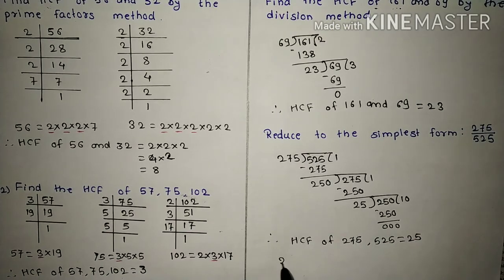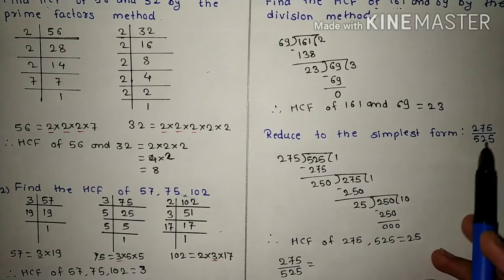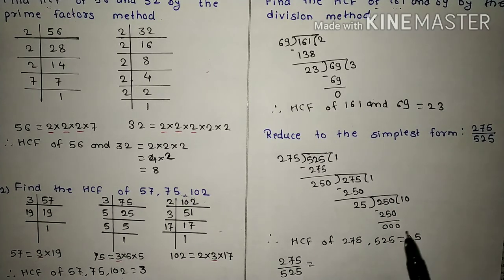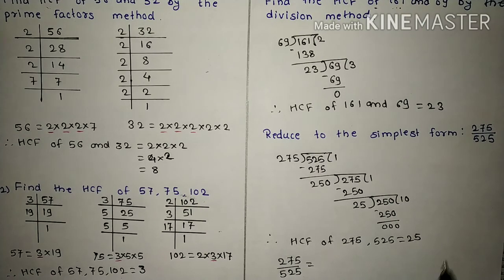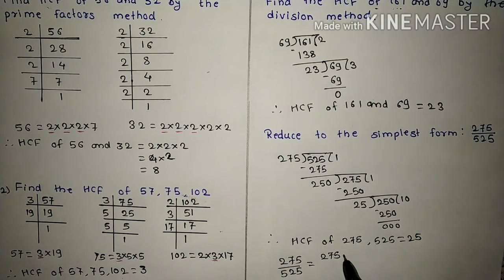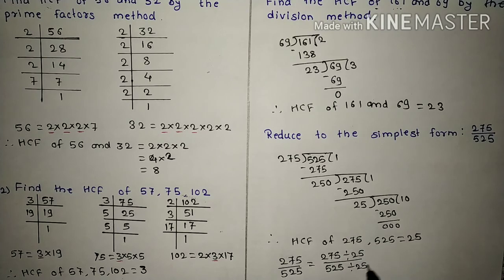Now we reduce this number to its simplest form. So write down this number, 275 upon 525. To reduce it to the simplest form, we divide the numerator and denominator by the HCF. Therefore, 275 divided by 25 upon 525 divided by 25.